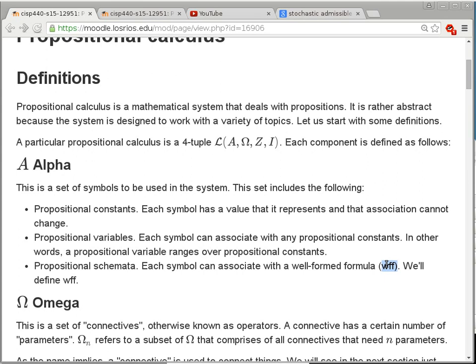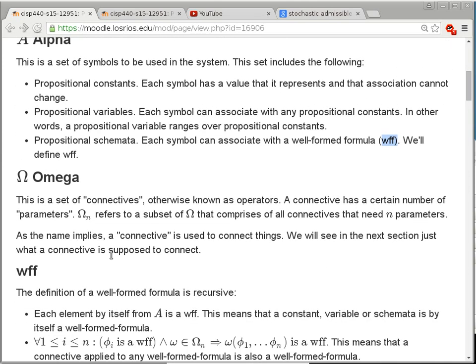We'll deal with well-formed formula a little bit later, because before we can define what a well-formed formula is, we have to talk about the omega set. The omega set is a set of connectives, which is a super-duper fancy word for operators.